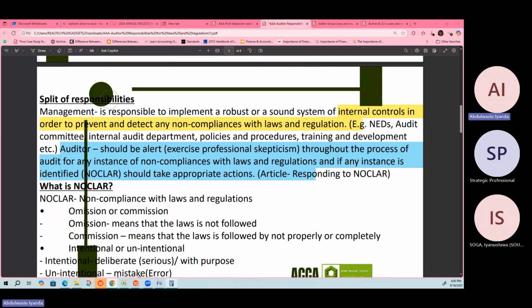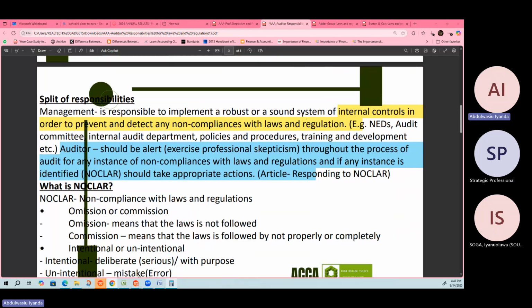That is one of the main responsibilities of the management: to set up an internal control system that is working, an internal control system that is effective.